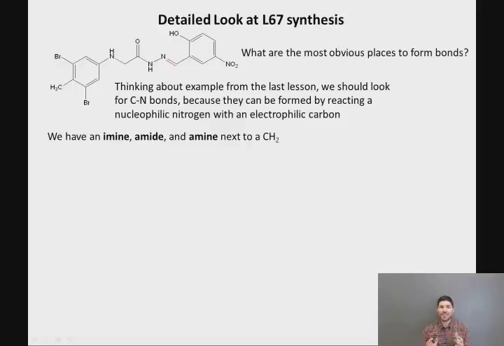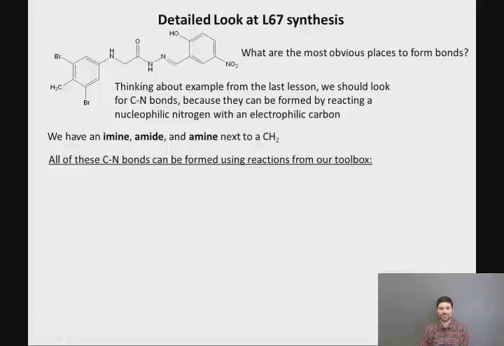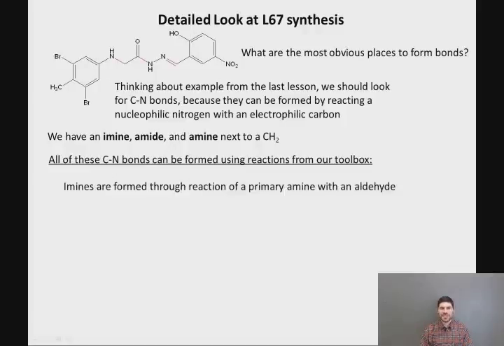So in this molecule, we have an imine, CN double bond, we have an amide, and then we have, moving to the left, a secondary amine that is next to a CH2. So all of these CN bonds can be formed using reactions that are in our toolbox.